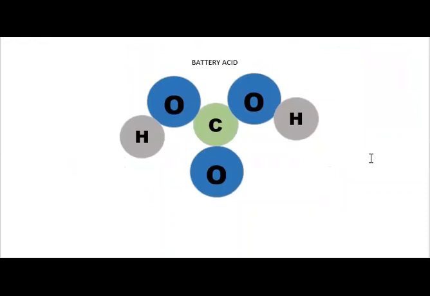Battery acid exists in our batteries, and it is extremely strong. If it comes into contact with your eyes or your face or your skin, it burns you. It can lead to blindness as well. So we see that we have carbon in the middle, 3 oxygen atoms and 2 hydrogen atoms, and this gives me 1 molecule of battery acid.